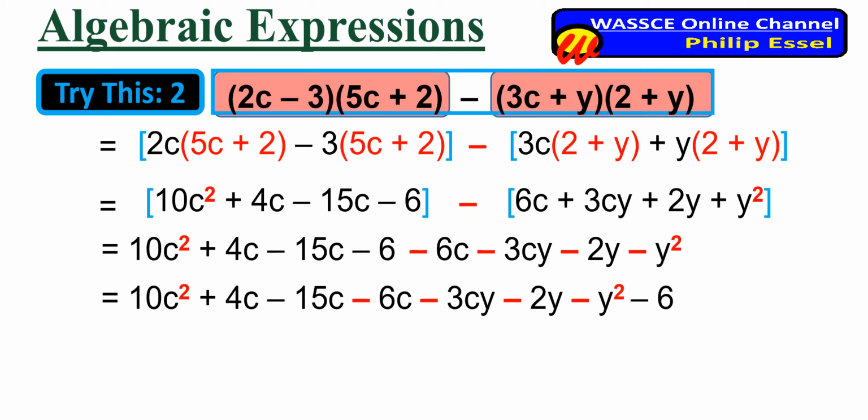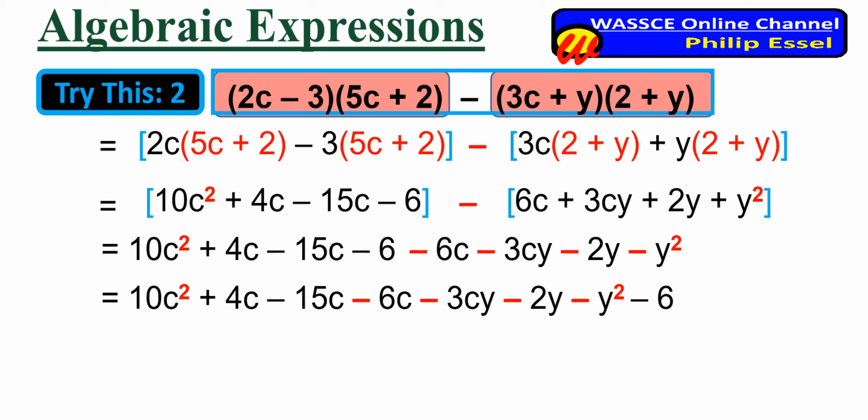At this point, we would group like terms, and when we do that, we would get 10c squared plus 4c minus 15c, then minus 6c, minus 3cy, minus 2y, minus y squared, then minus 6.